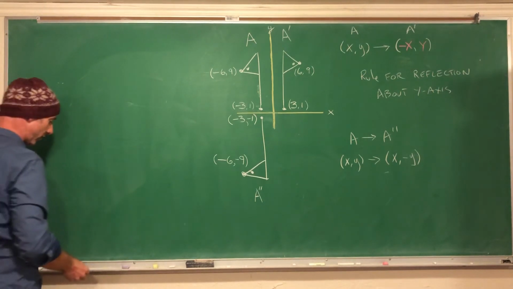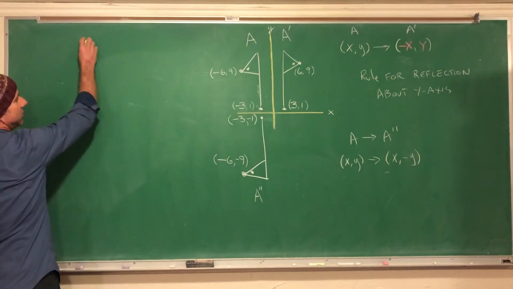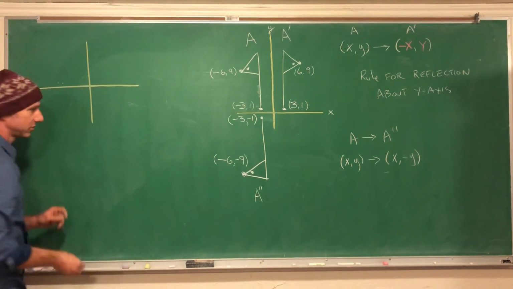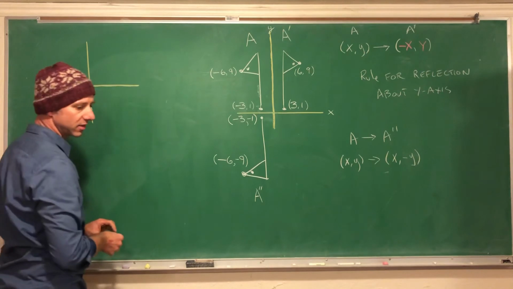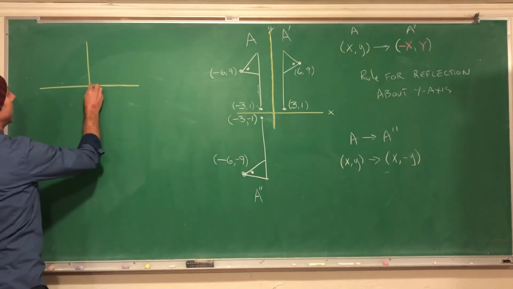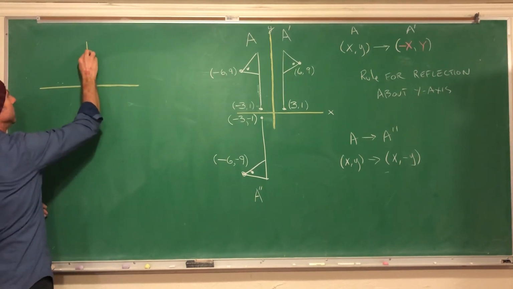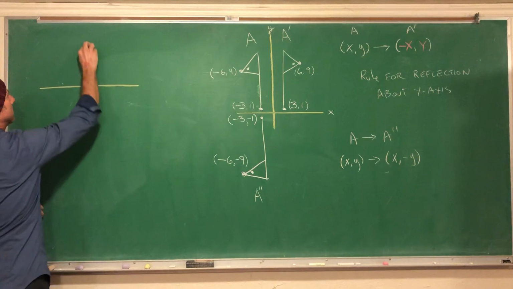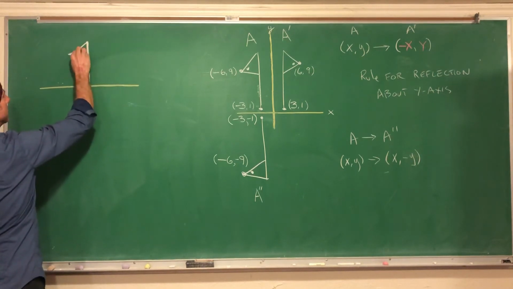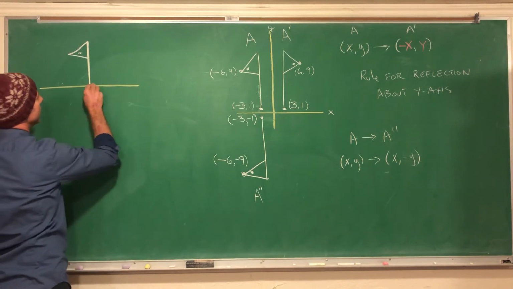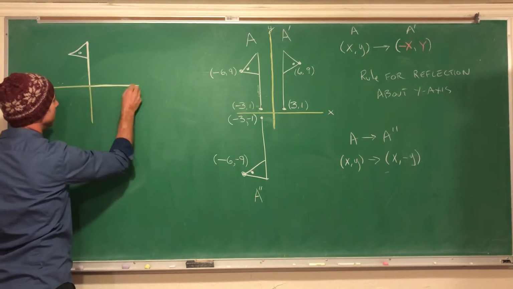So let's go with my axes here, x and y. And in this case, let's go ahead and put one right here on the axis. Okay. And I'm going to put the other one on this axis right here.